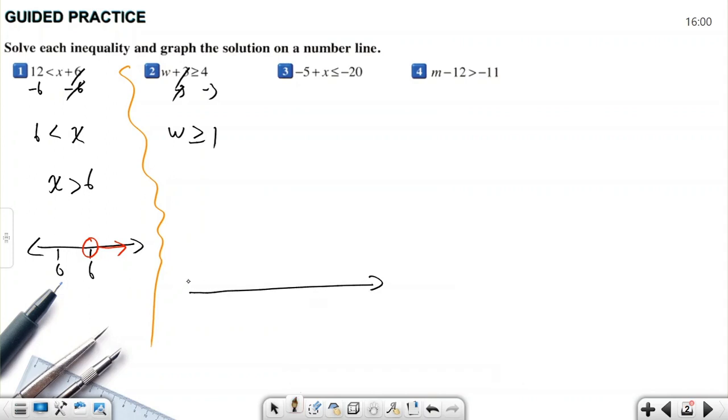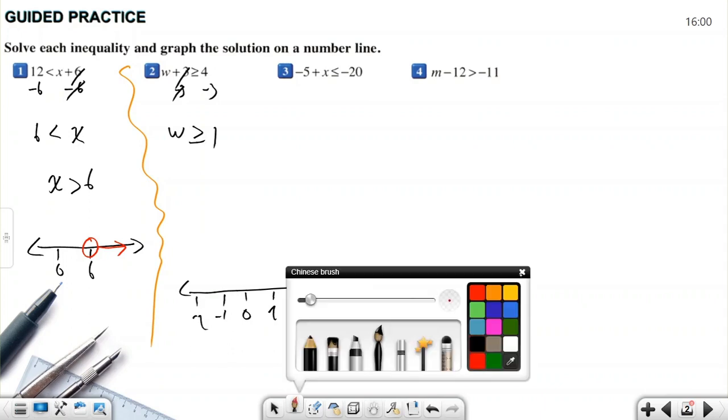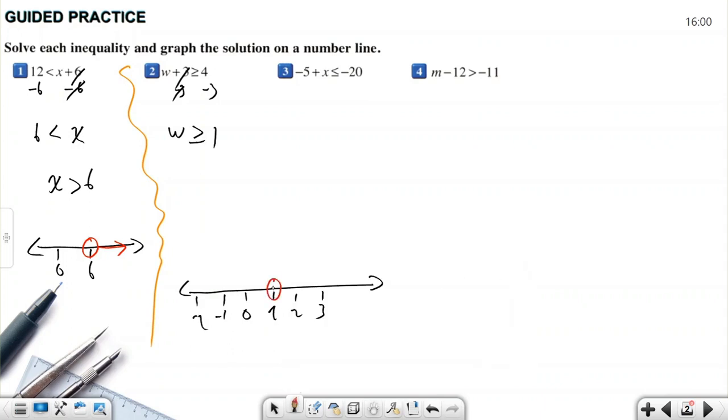Let's draw a large number line so I can shrink it. 0, 1, 2, 3, minus 1, minus 2. So 1 is in the solution because there is an equal sign, as you see here. So I fill this circle, and w is greater than or equal to 1. So it can be 2, 3, 4, 5, 6, 7, or 1.1, 1.2, 2.7.